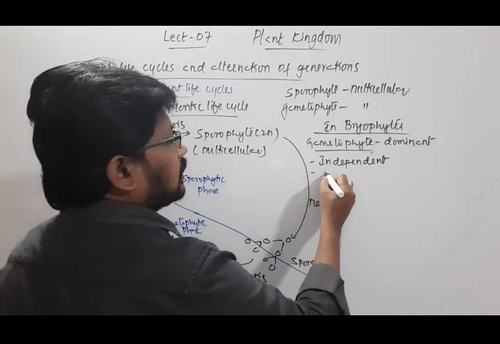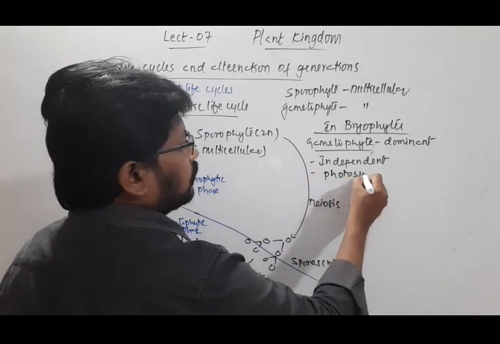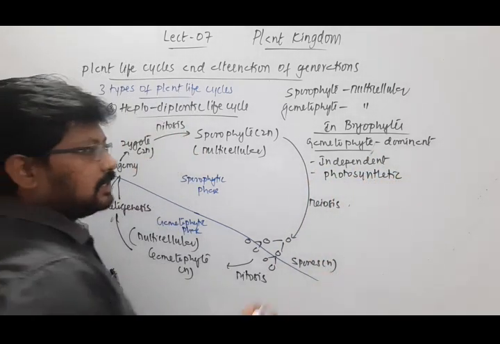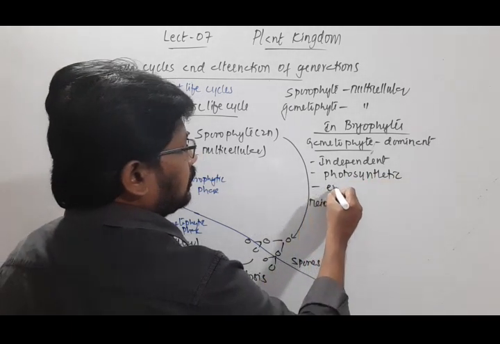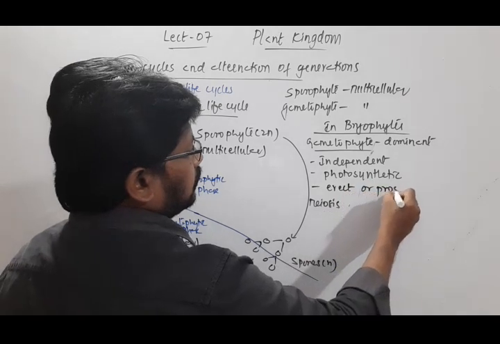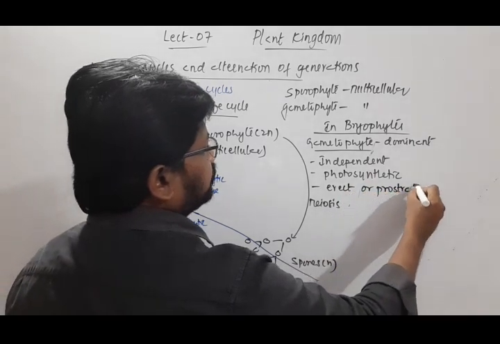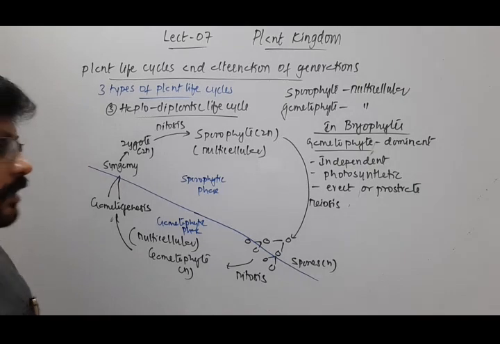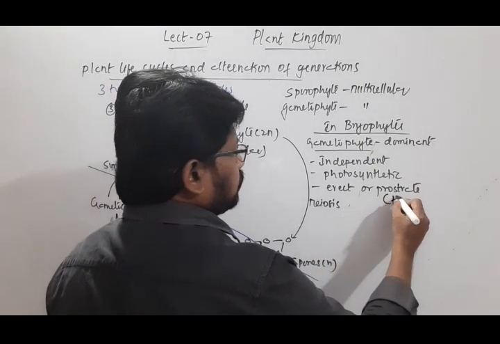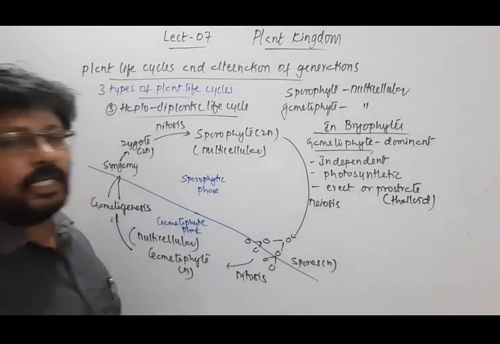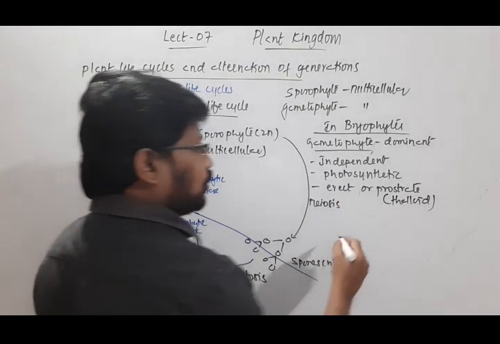It is photosynthetic, so it performs photosynthesis, and it may grow erect or prostrate, which means thalloid here, and this alternates with the short-lived sporophyte.